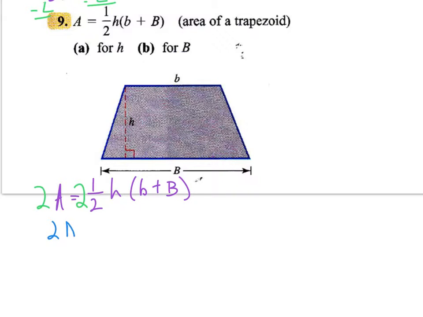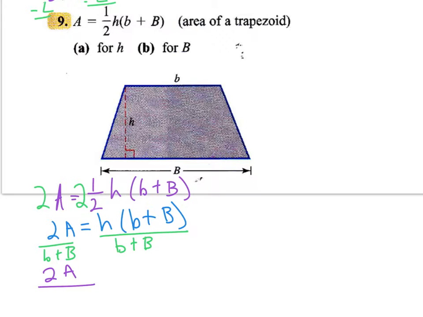So when we multiply by the 2, we get 2 times a equals h times the sum of those bases. And here I'm doing part A, so I'm solving for h. H is being multiplied by the sum of those bases, so we just divide by the sum of those bases, and we end up with our formula solved for h. So 2a over the sum of those bases equals h.